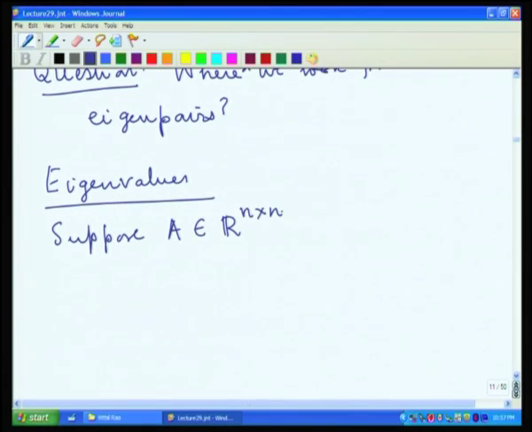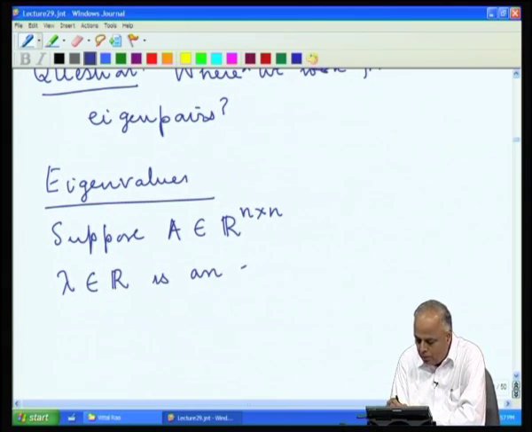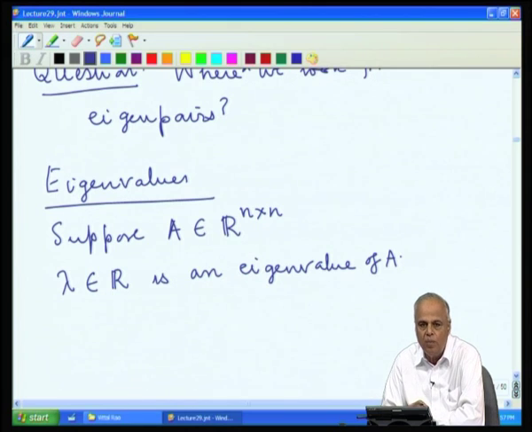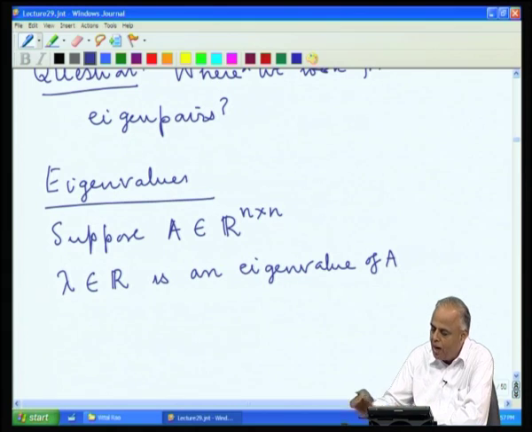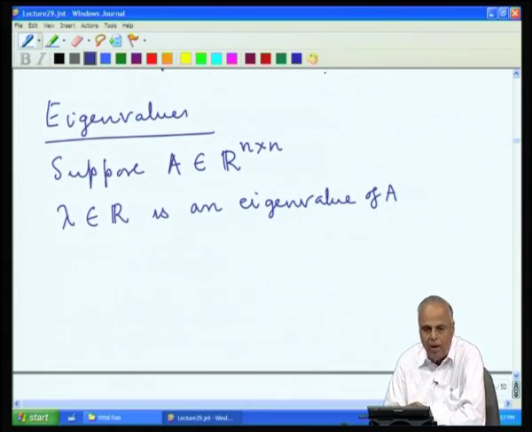Suppose we have a matrix A which is an n cross n real matrix, and lambda, a real number, is an eigenvalue of A. We catch hold of one of the known friends of A, namely the eigenvalues, and start analyzing it to see how it looks. Because it is an eigenvalue, every eigenvalue has an eigenvector.